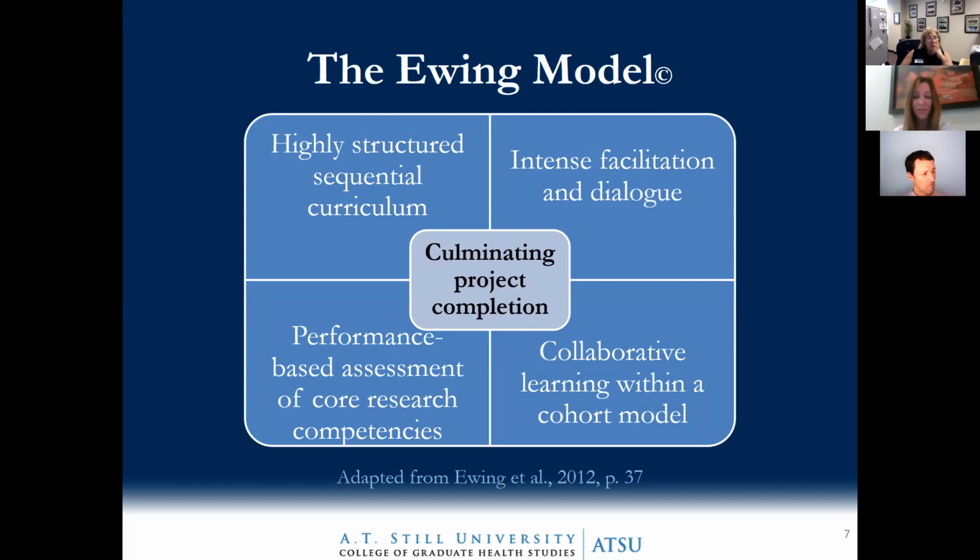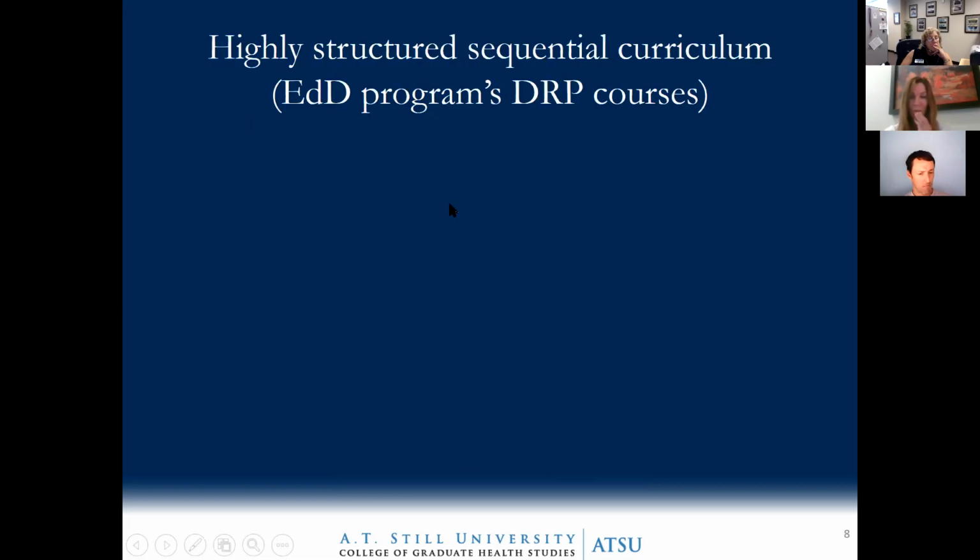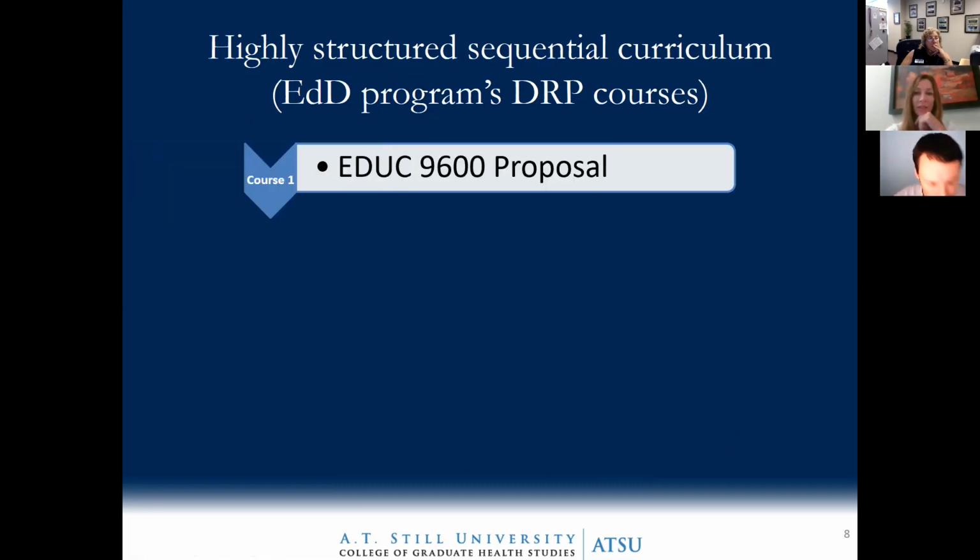So in the fall of 2016, the EDD program began and implemented this model for its doctoral research project, or DRP. And on the next slide, I'm going to focus on what we put together for this particular part of the Ewing model, the highly structured sequential curriculum. So what that consists of in the EDD program is the first course is where they write their proposal for their DRP.